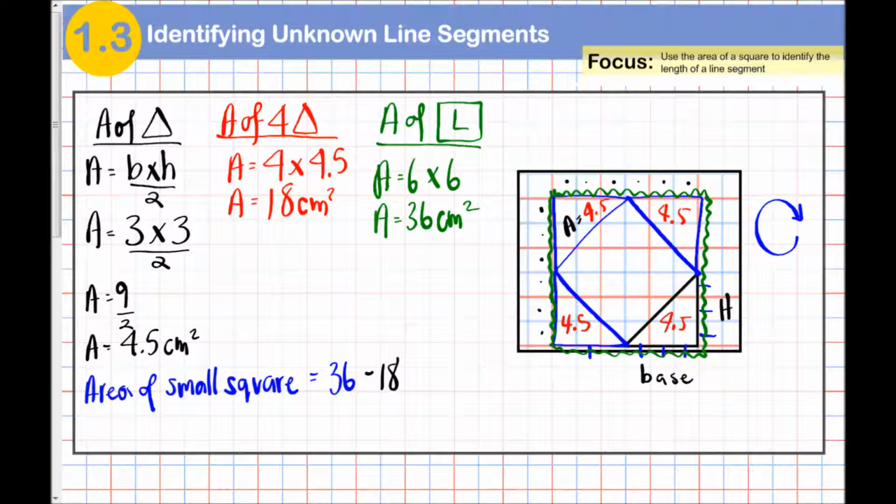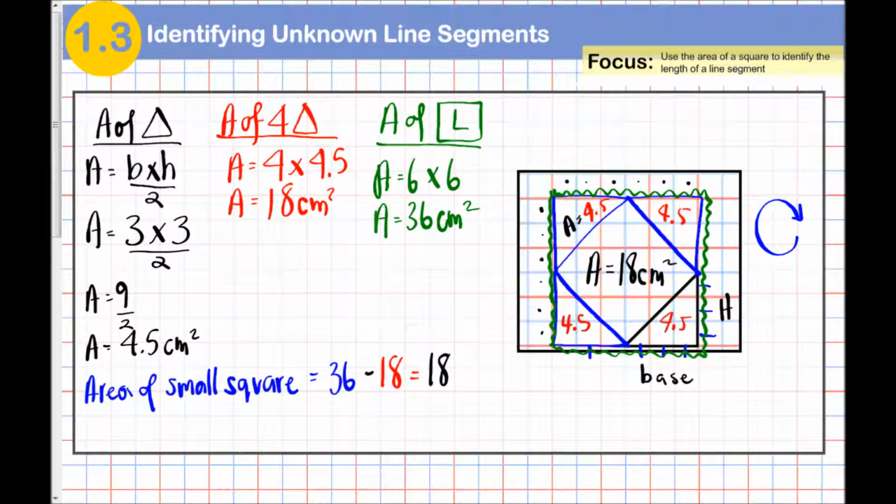I'm even going to put that in red just to make sure that it's clear. Subtract 18, and 36 take away 18 is 18. So we end up with an area of 18. So our central square here equals 18 centimeters squared.